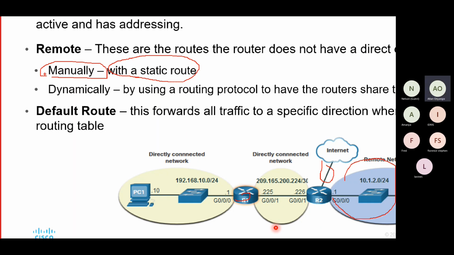We have something called a default route. A default route is a special type of route, which I always call a universal route, because when you configure a default route in your router, it's like you configure one route that can reach all the remote networks in the world.